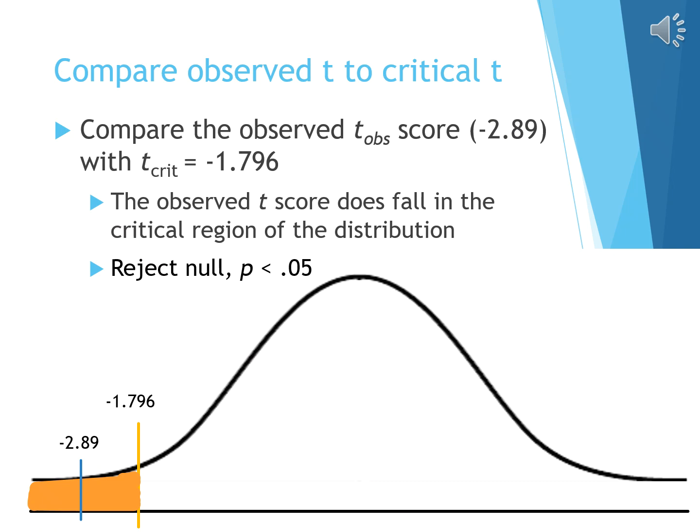So a score of negative 2.89 is very unlikely if in fact the null was true, meaning that if there was no significant difference between the sample mean and the population mean.